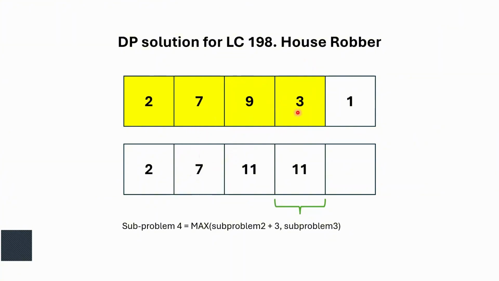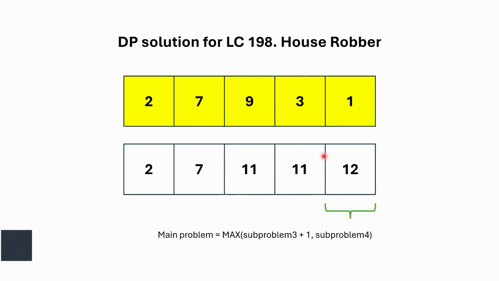Or I skip this house and rob everything I can up to the previous adjacent house, which gives me 11. Well, obviously 11 is better than 10, right? So we store 11 here, which implies that we skip this house and only rob up to the third house. This is the maximum amount of money we have up to the fourth house, because we decide not to rob this house.